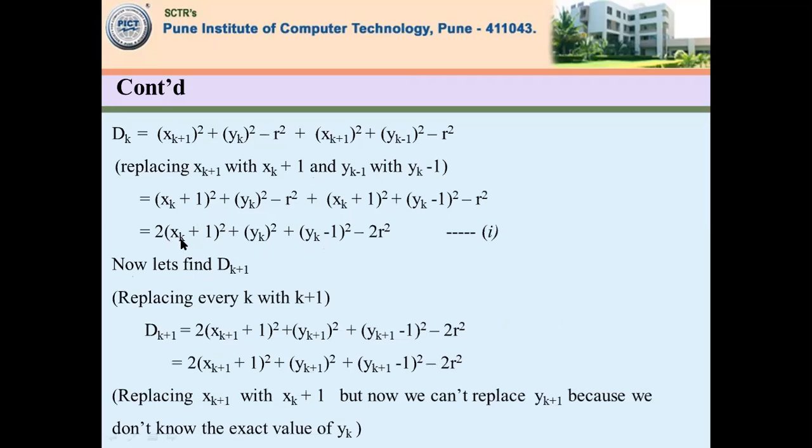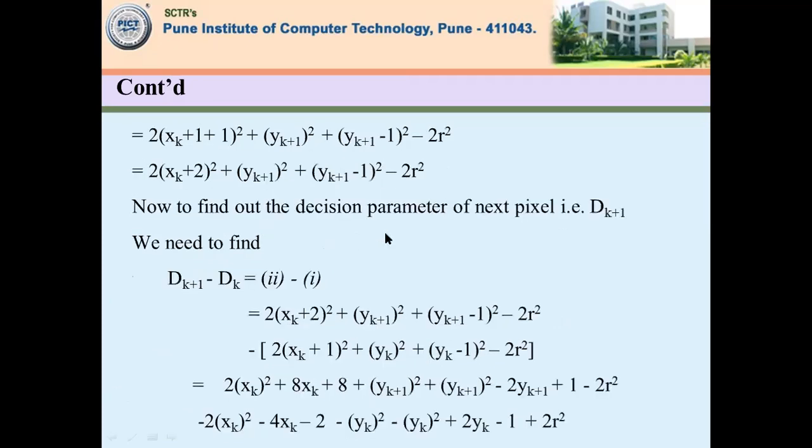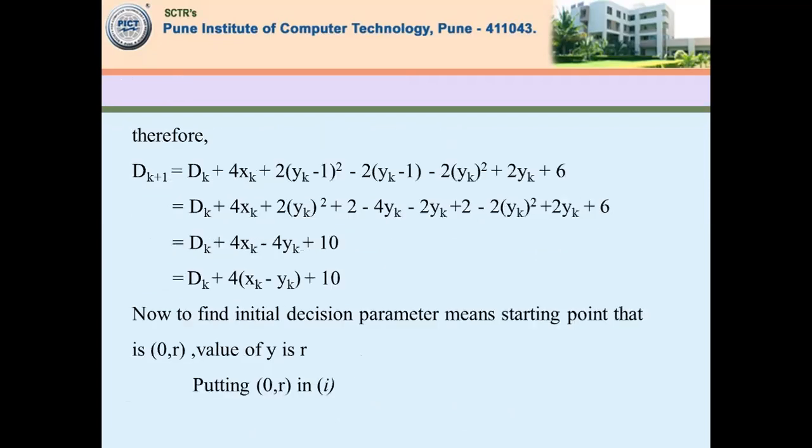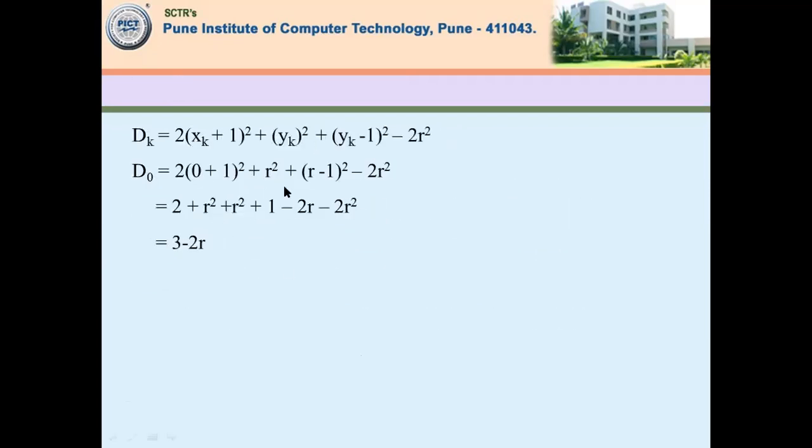X you need to put 0 over here, so 1 square is nothing but 1 only, so here you will get the 2 value. What about y? Replace it with r. So r square plus (r minus 1) square minus 2r square. After calculating this, see here I calculated it, you will get 3 minus 2r as the first decision parameter.